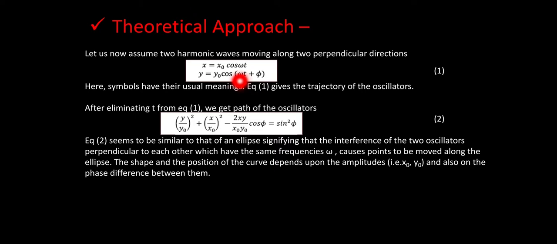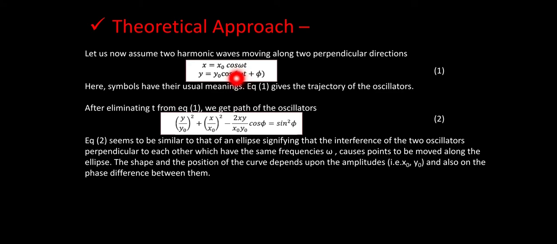It is not necessary for the frequency to be the same, but we are imposing the same frequency in this experiment to make our life easier. These equations basically show the trajectory of the oscillator, that is, at any time, what the x and y position of the oscillator is.